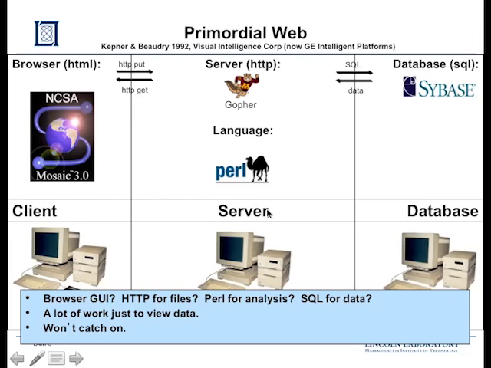This is an example of the very first modern web page or website that was built. I'm sure there were other people doing very similar things at the same time, so it's among the first. I'm not going to be like Al Gore and say I invented the internet. But a friend of mine, Don Beaudry, and I were working for a company called Visual Intelligence Corporation, which is now part of GE.